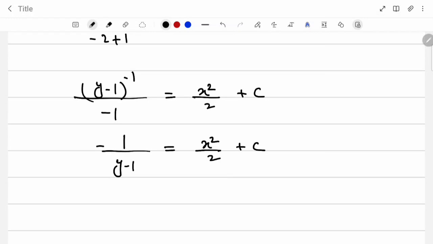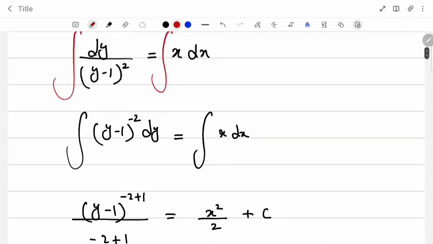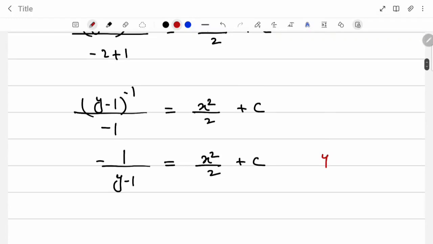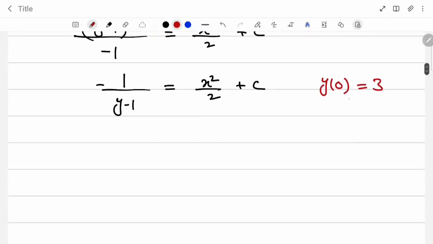So now we have to find out the value of c. So how do we find out? We have to bring in the initial condition, that is y(0) = 3. You need to carefully look at how to interpret it. This is y equal to 3 when x is equal to 0.